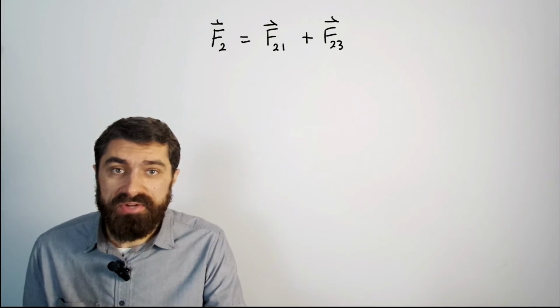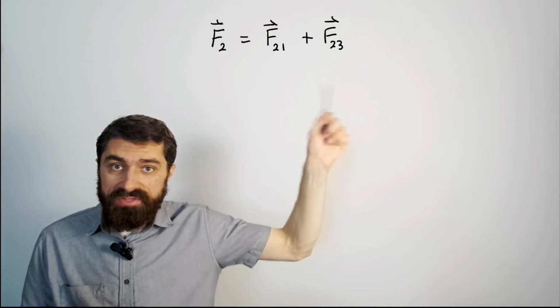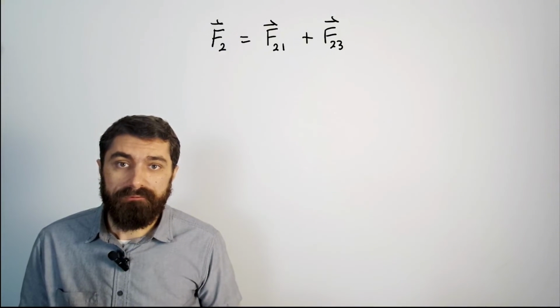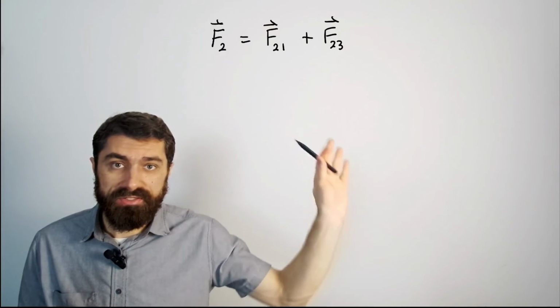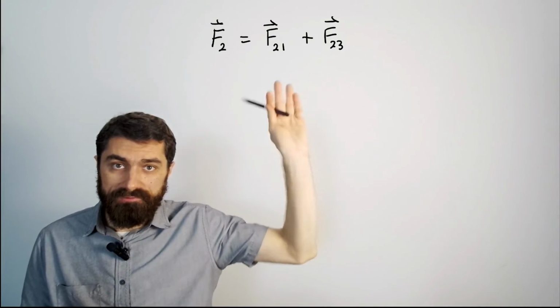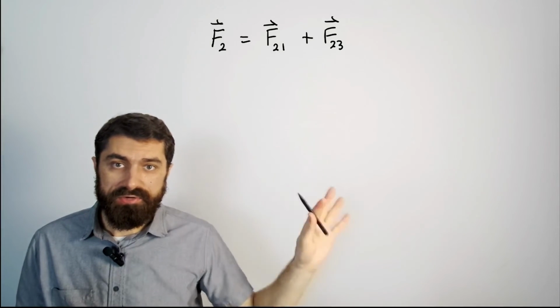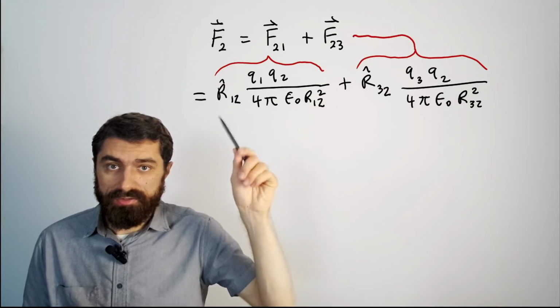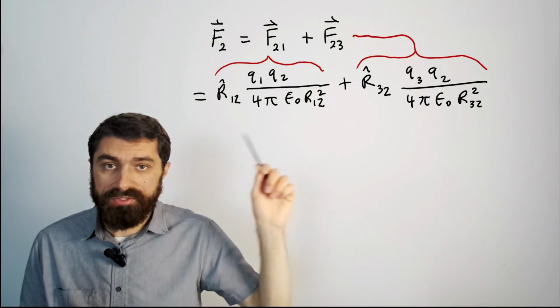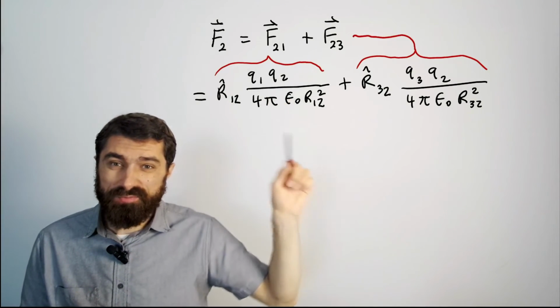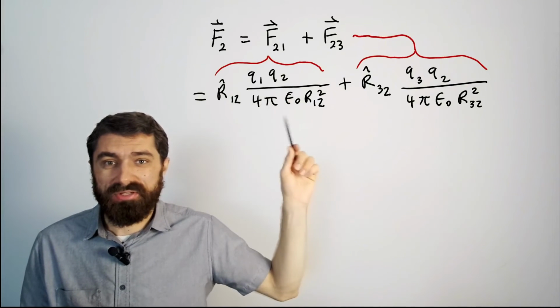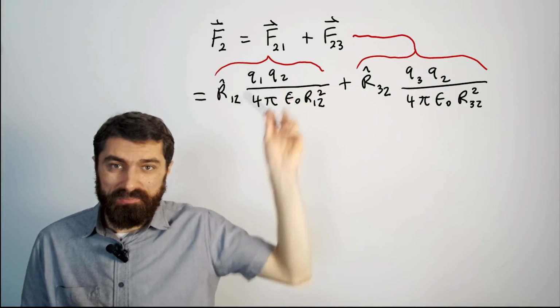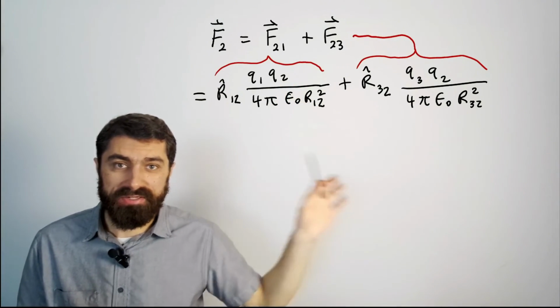Literally, to find the total force, all you have to do now is add these two forces together, and it's like a plug and chug, F21, F23, but in the unit vector form that we saw. So you take your calculated value for r hat 1,2 and multiply it times this whole expression, which we calculated in the last video, so I'm not going to plug those in or show that explicitly.